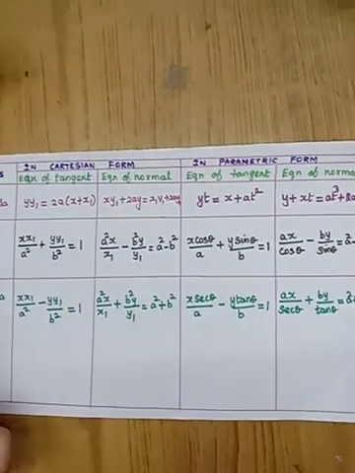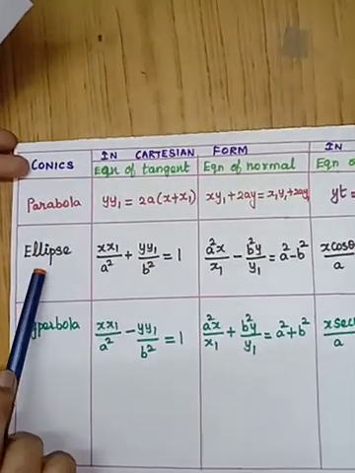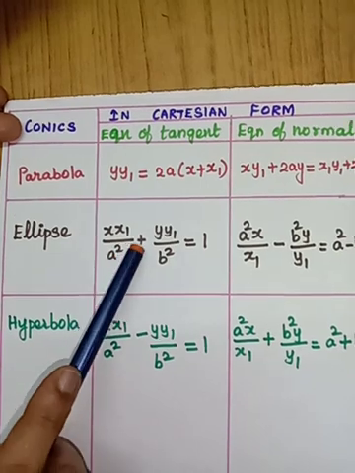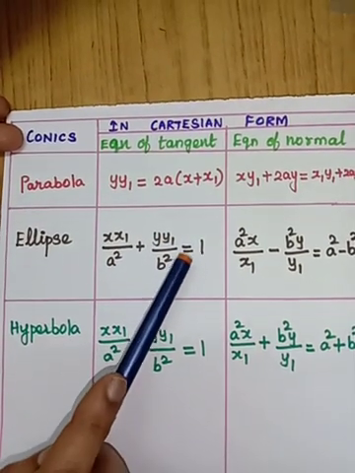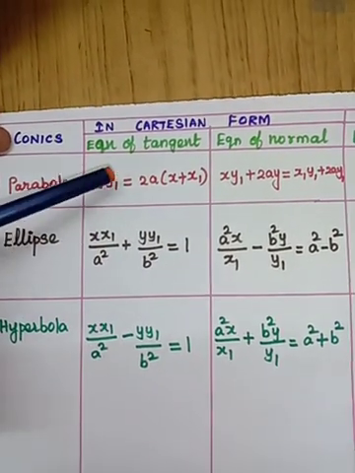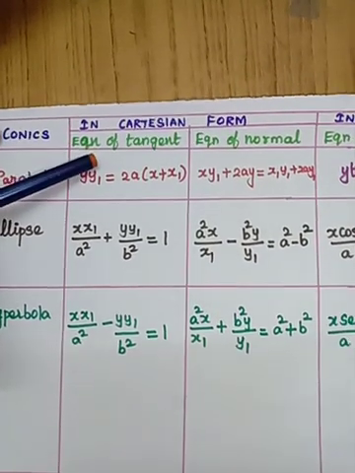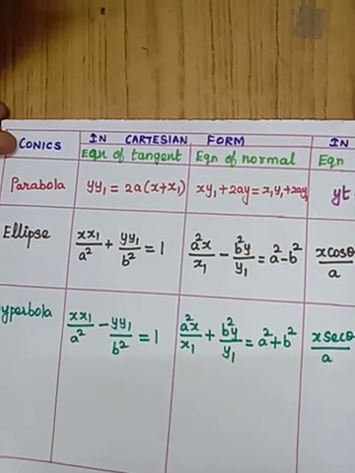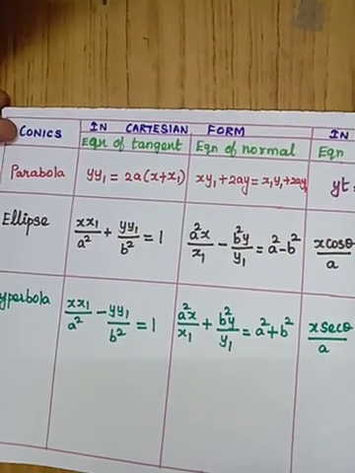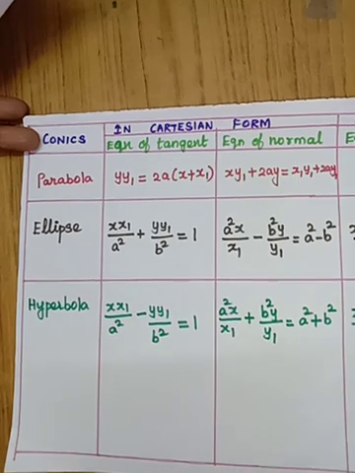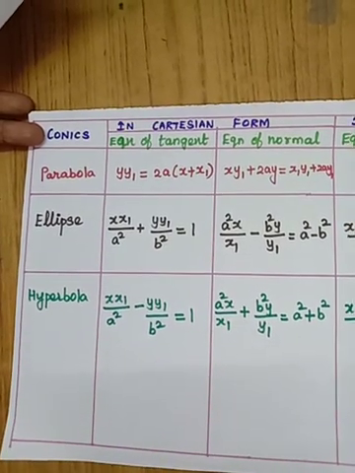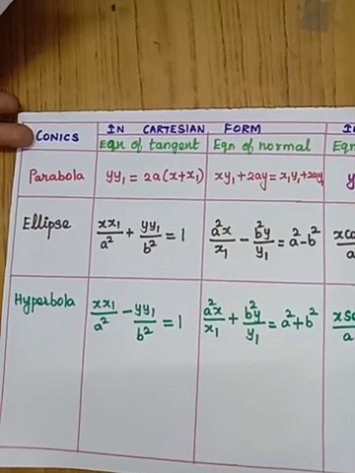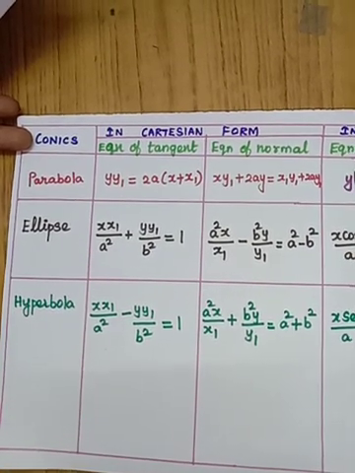Okay, so next for ellipse, the equation of the tangent is xx1 by a squared plus yy1 by b squared is equal to 1. So already I have said, to find the equation of the tangent at x1, y1, you have to replace x squared as xx1 and y squared as yy1, x as half into x plus x1, y as half into y plus y1.